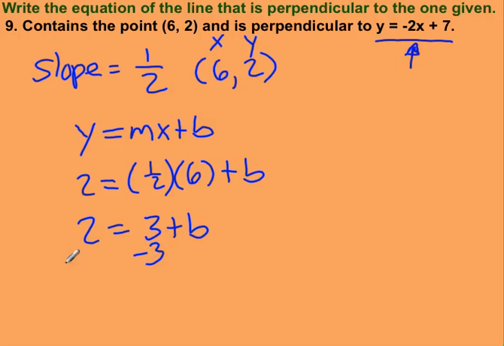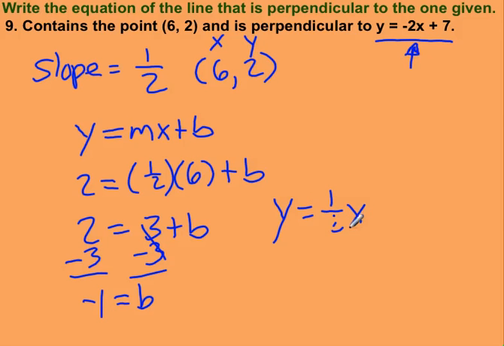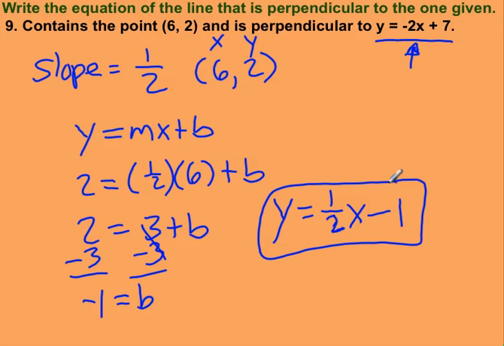I'll subtract 3 from both sides. b is going to come out to be a -1. Don't forget to actually write the equation out. y equals the slope, 1/2 x, plus b, or in this case it's a -1. I'll subtract 1. There's my equation of my line. You could use point slope form if you wanted to, if you're more comfortable with that.